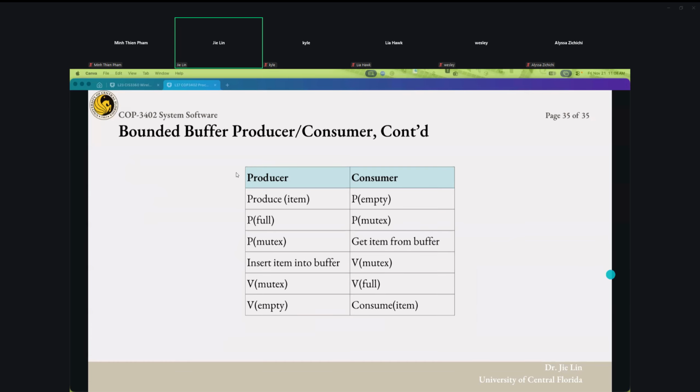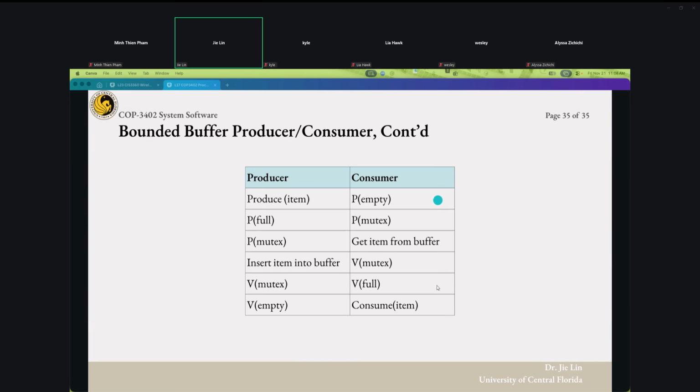Now it is going to call P of full to ensure the buffer isn't full. And P of mutex is simply checking for mutual exclusion before inserting an item into the buffer. And after the insertion, it will call V of mutex, simply releasing that mutual exclusion, and V of empty is to indicate the buffer is not empty right now.